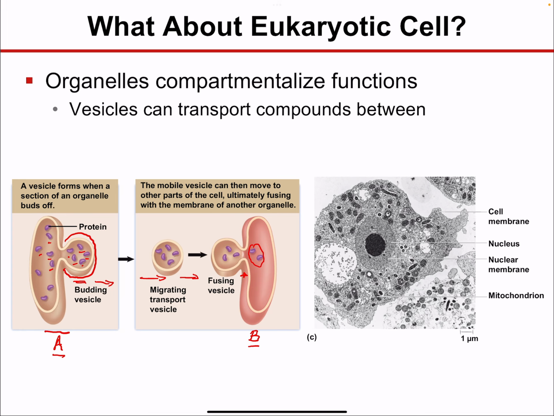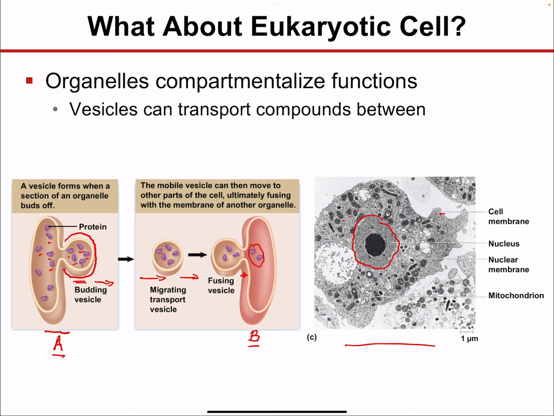The proteins that are intended to go outside of the cell will receive particular types of modification, such that when the system sees this modification, the system knows that, well, this protein belongs outside of the cell, right?